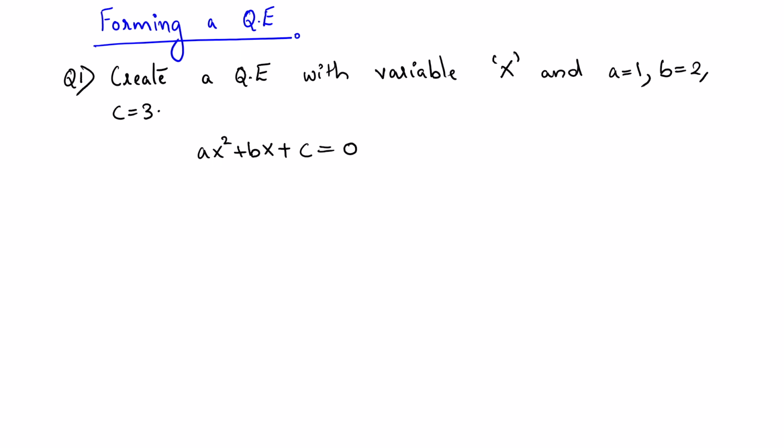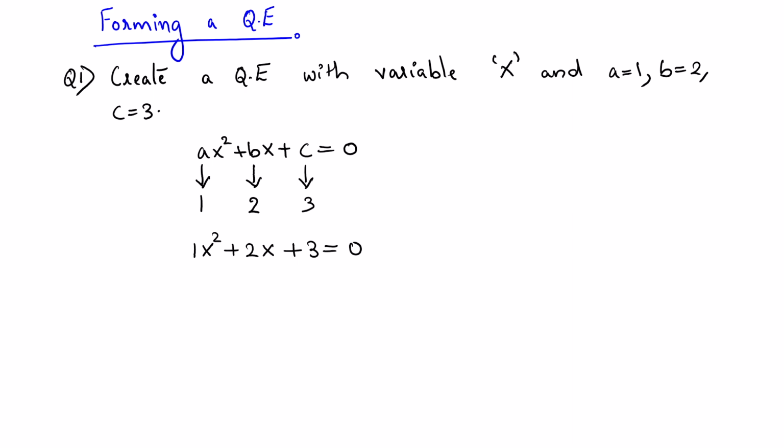Now the values of a is given, b is given and c is given. So in place of a you have to substitute 1, in place of b you have to substitute 2, in place of c you have to substitute 3. So the equation becomes 1x square plus 2x plus 3 equal to 0.